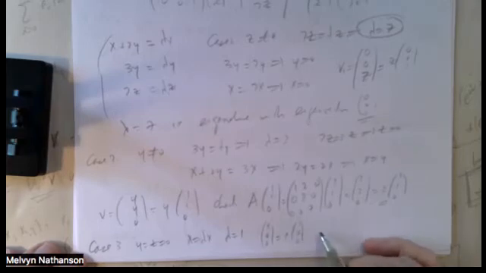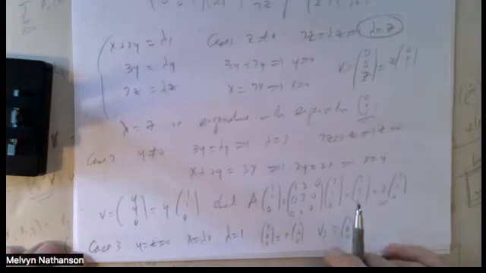So I can take (x, 0, 0), or x times (1, 0, 0). And if I take the vector v3 to be (1, 0, 0), A of v3, if you do the calculation, is v3. So v3, (1, 0, 0), is an eigenvector with eigenvalue 1. That is the proof of it all.